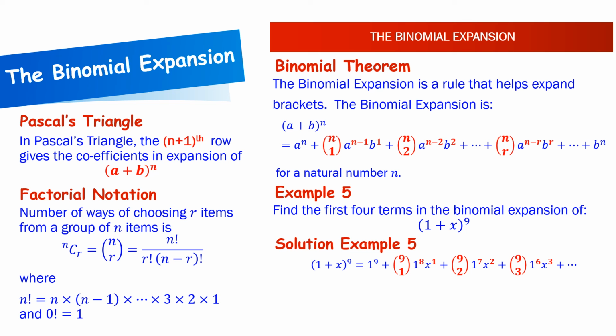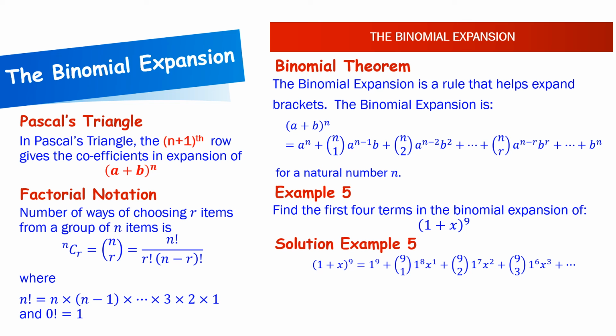We're really interested in the first 4 terms of the binomial expansion, so we're only going to be looking at r equals 1, 2, and 3. So tidying up gives us 1 plus 9x plus 36x squared plus 84x cubed, and so on.